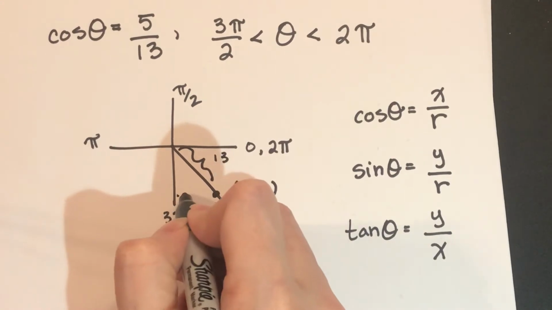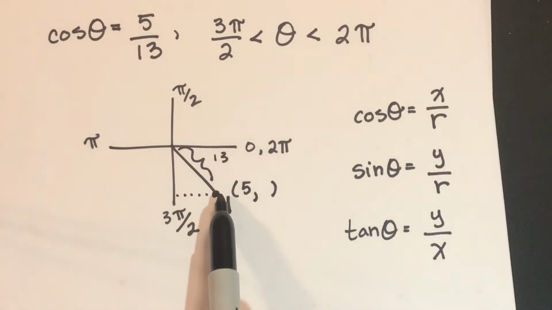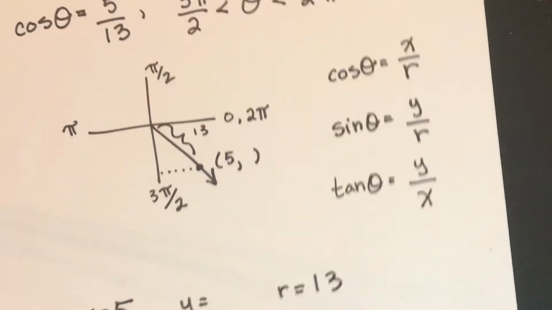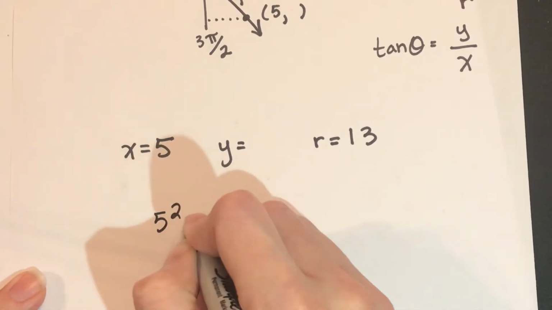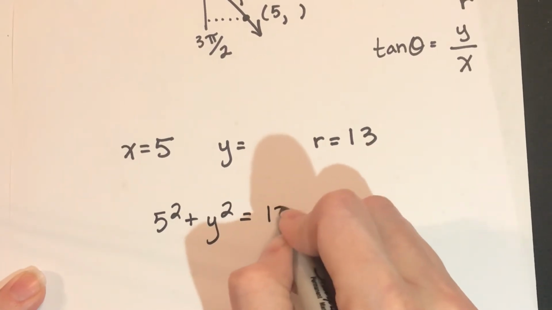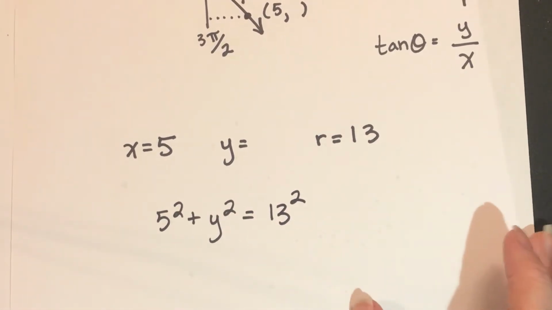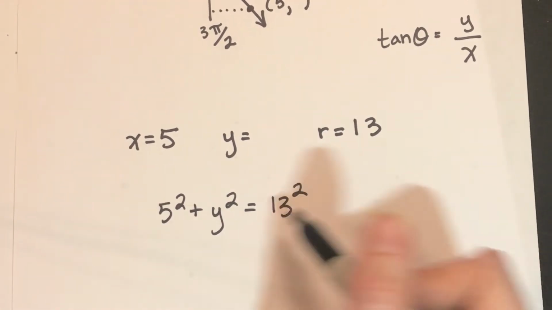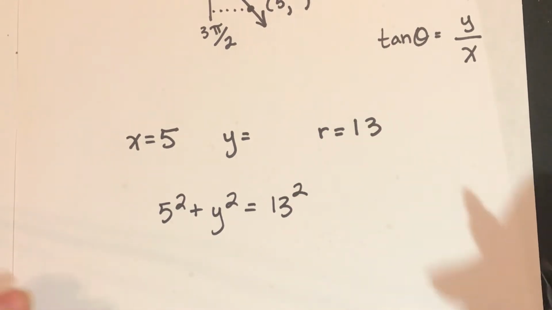We've got the x, we're missing the y, so we're missing this. So you can use the Pythagorean theorem: 5 squared plus y squared equals r squared. Oh, you should know this triangle, right? I shouldn't even have to finish this. This is a 5, 12, 13.